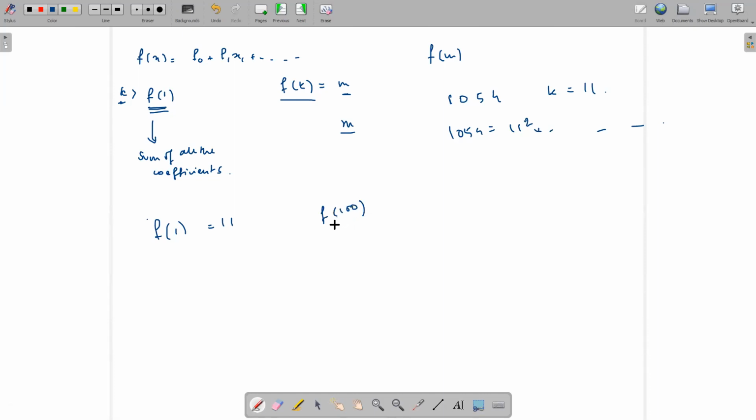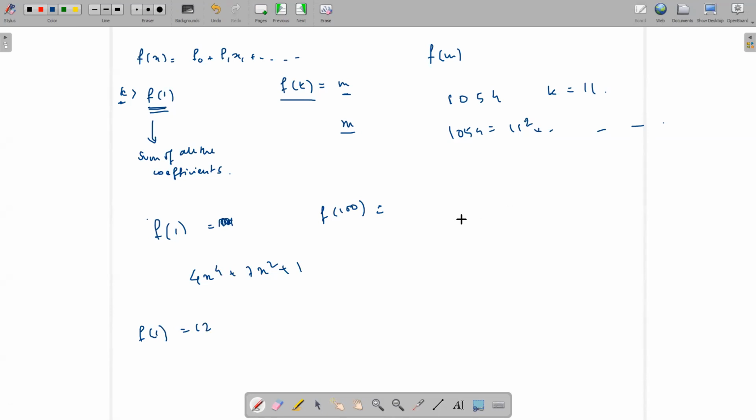Why am I taking 100? Give me a function whose f of 1 is more than 10. So for example, something like this, right? So the value is 12 for f of 1. So if you just compute f of 100, what does it give?